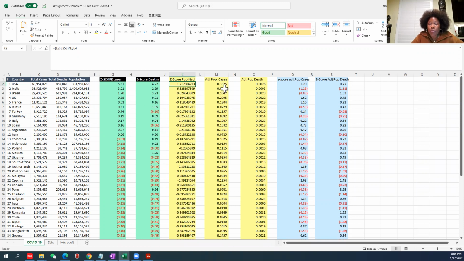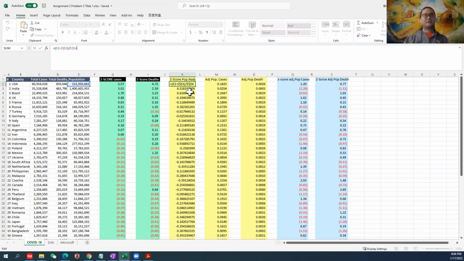I think I used the population. Column K is the z-score of population, which is not really asked in any questions. But I did calculate it.